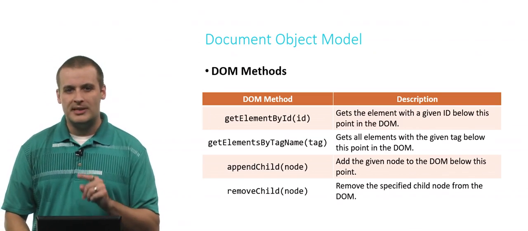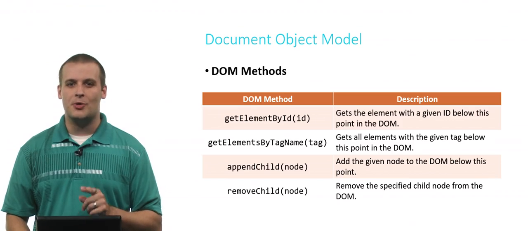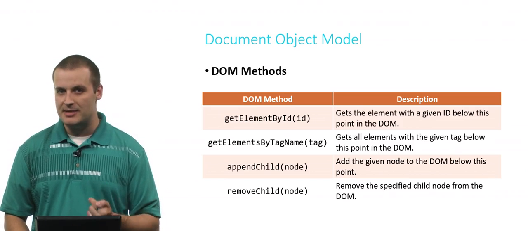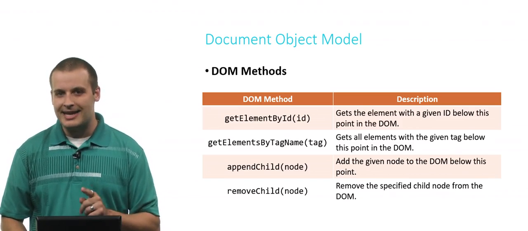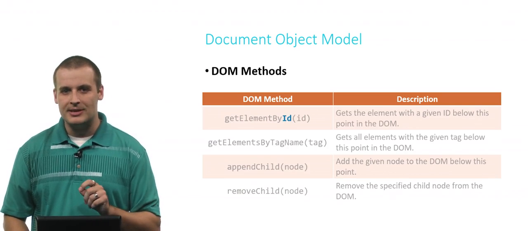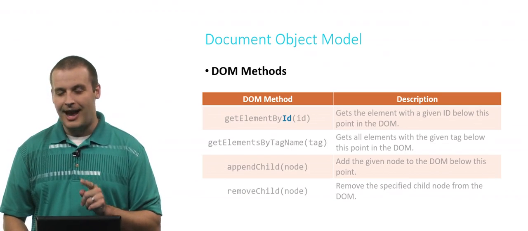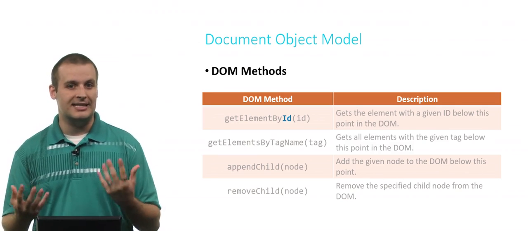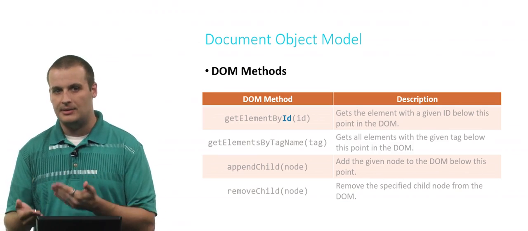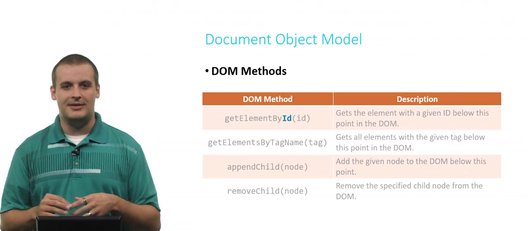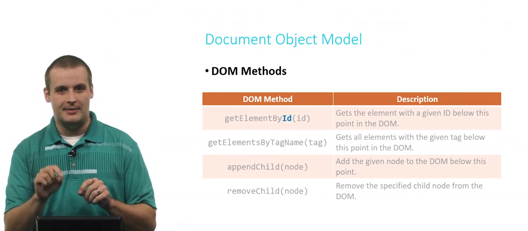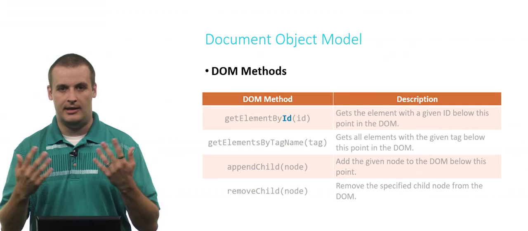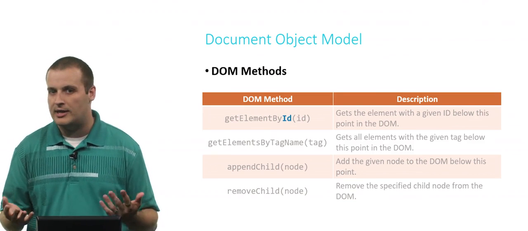I do want to point out one thing here that causes programmers a lot of heartache. I know it's caused me a lot of heartache. When you're using the getElementById attribute, notice that the D in ID is lowercase. Usually when we use the term ID for identification, it's usually capital I, capital D. I can't even tell you how many times I have accidentally typed capital I, capital D here, and then I get a JavaScript error because it doesn't know what I'm talking about.